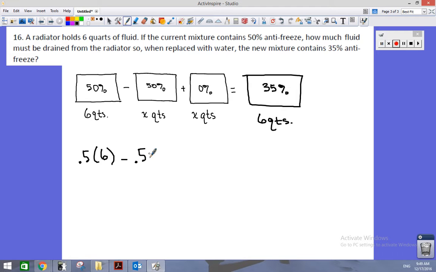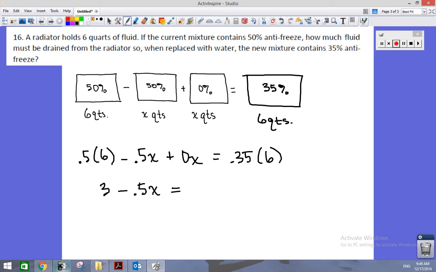Then minus 50% times x, and I don't have to write the 0 times x, but I will just for illustrative purposes, equals 0.35 times 6. Alright, so I don't need a calculator. Half of 6 is 3 minus 0.5x.